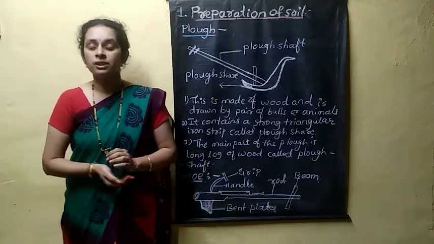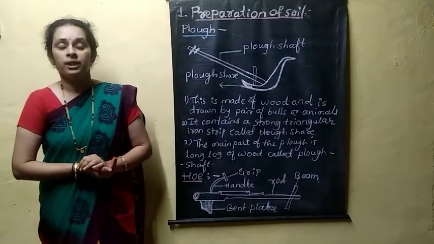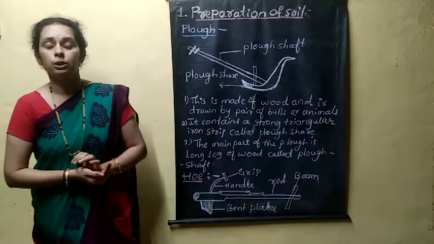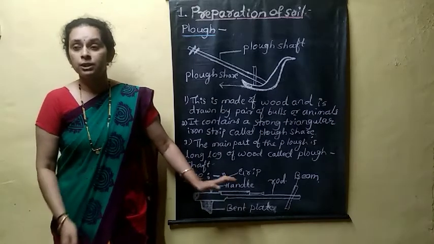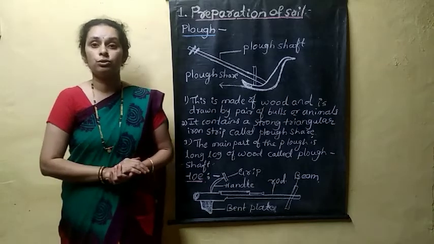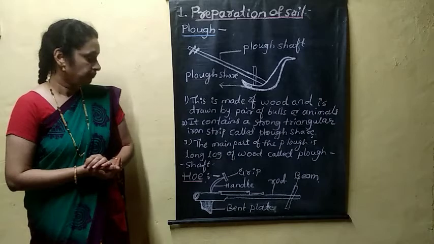Next, we have to discuss another tool called the hoe. It is a simple tool for plowing or tilling. It is used for loosening and turning of soil, and also to remove weeds from the land.